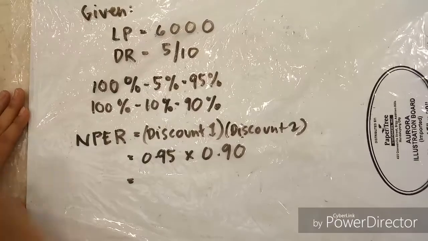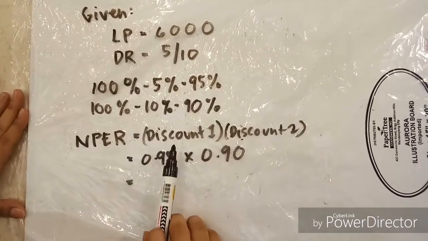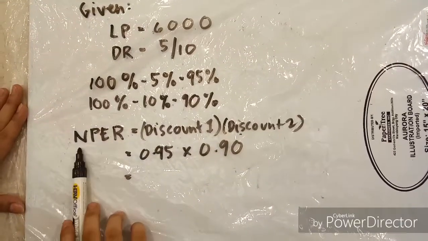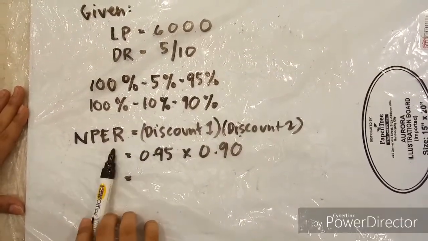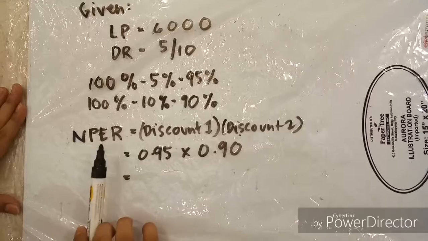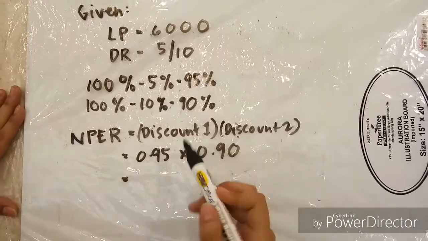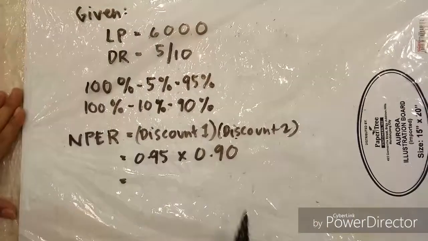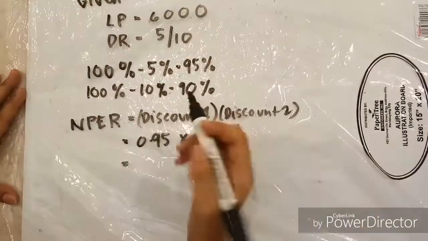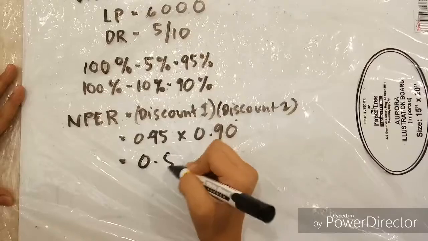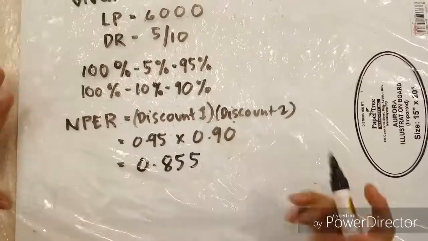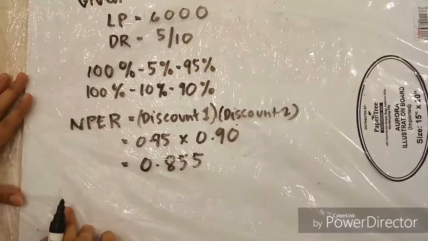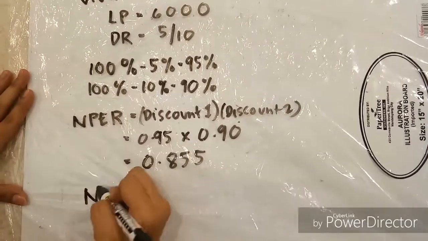Next is to multiply them together to get the net price equivalent rate. Net price equivalent rate equals discount 1 times discount 2. So 0.95 times 0.90 is equal to 0.855. So now that you have the net price equivalent rate, let's compute the net price.